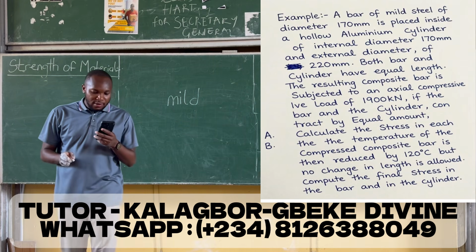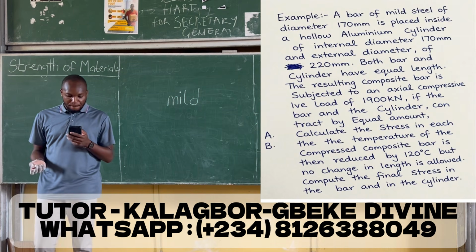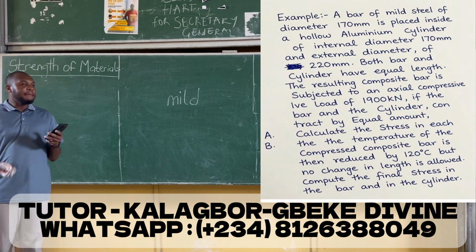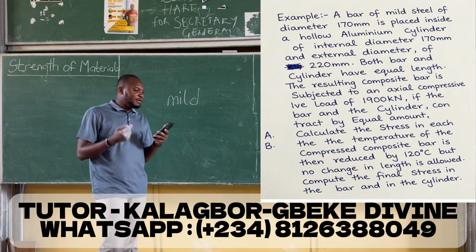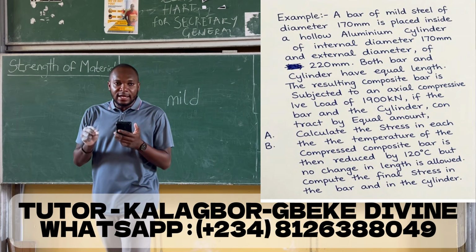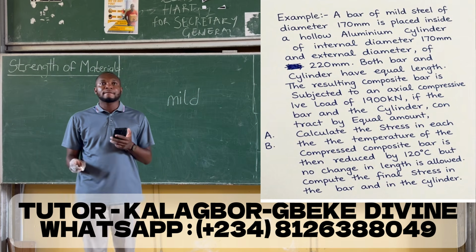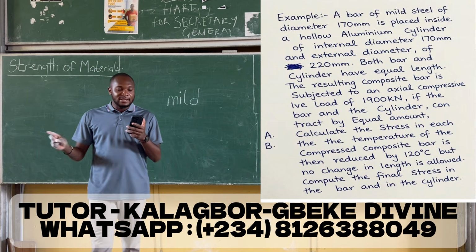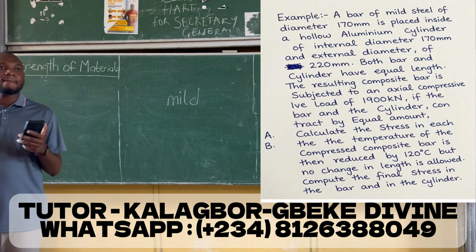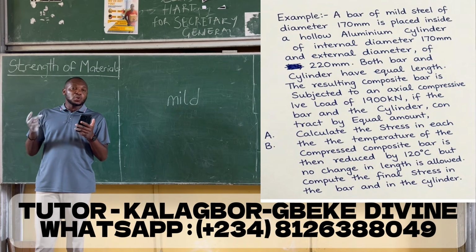A bar of mild steel of diameter 170 millimeter is placed inside a hollow aluminium cylinder of internal diameter 170 millimeter and external diameter of 220 millimeters.